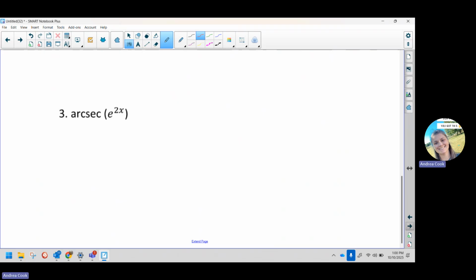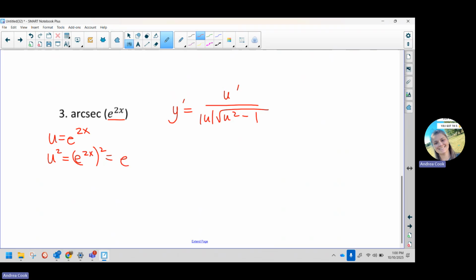Okay, arcsecant. The formula for arcsecant, that's the more complicated one. So it's u prime over the absolute value of u times the square root of u squared minus 1. U is e to the 2x, which means u squared is e to the 2x squared, which is e to the 4x. Power to power, you multiply the exponents.